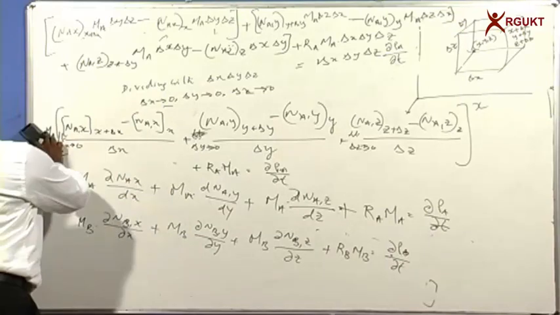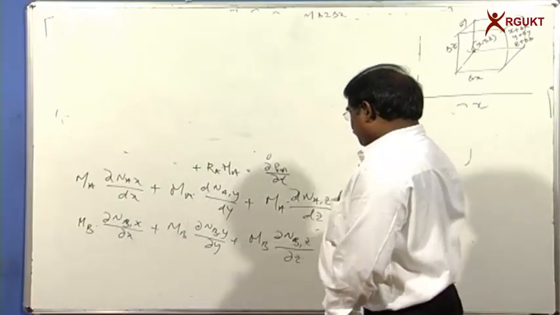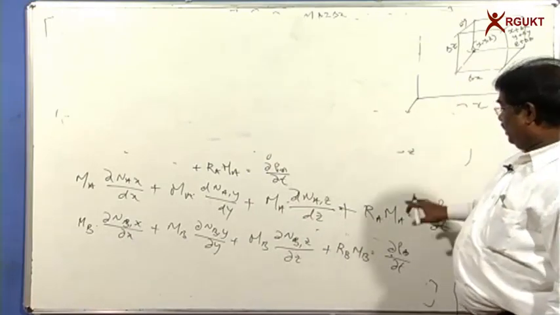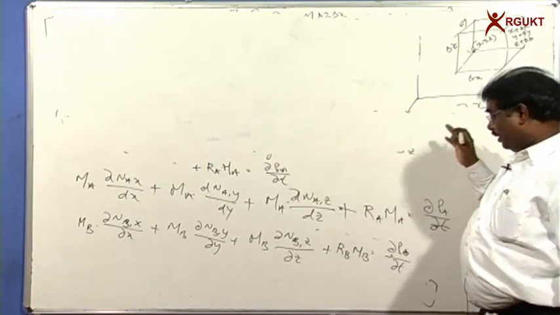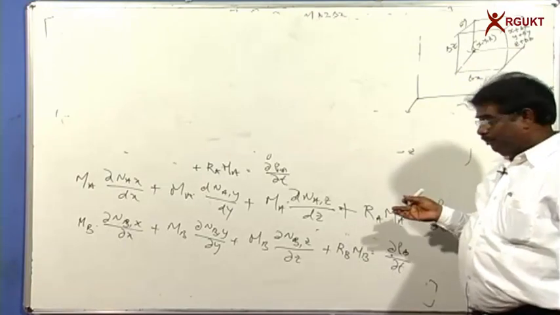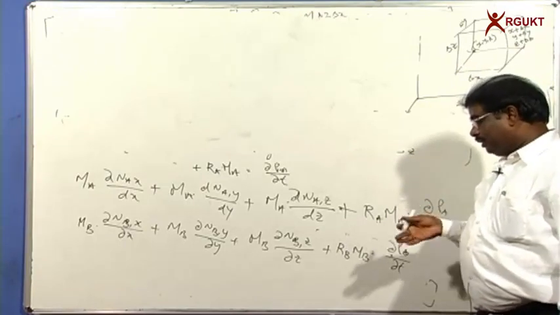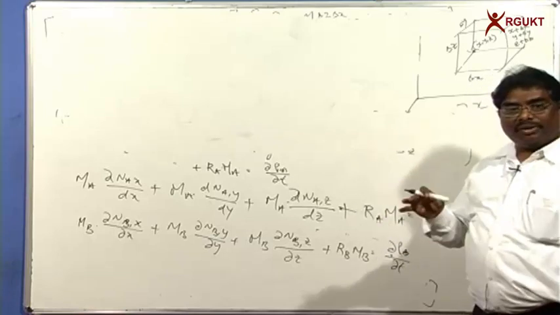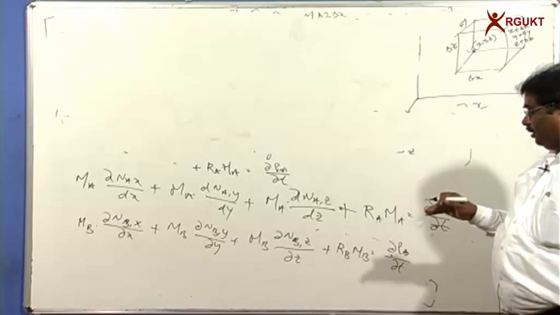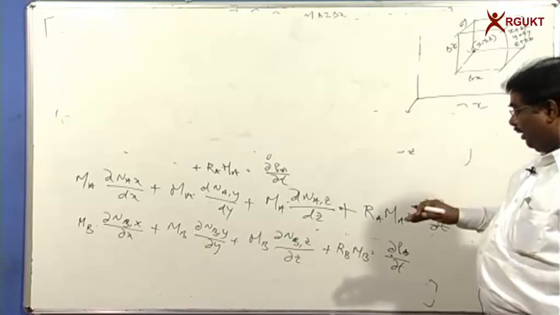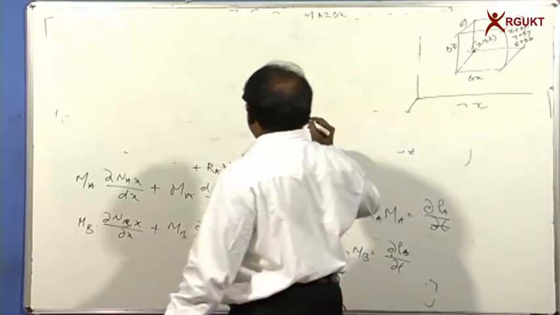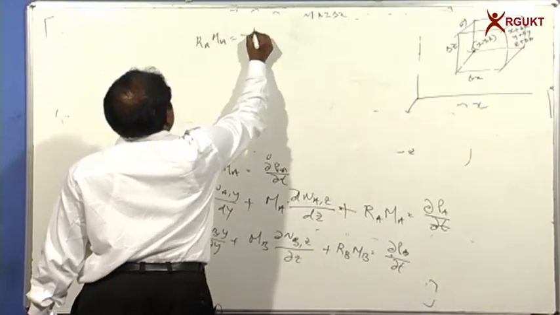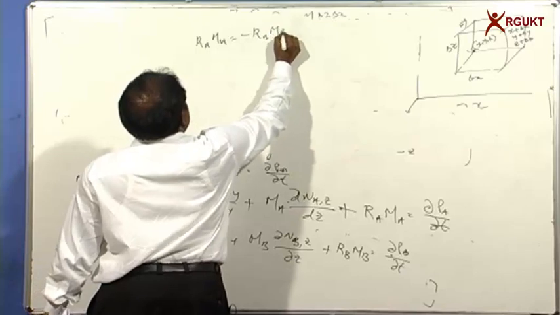Now if you add these two in the volume element, whatever you are talking about, the A molecules are entering, or the A is reacting producing B, and B is reacting and producing A. That means how much mass of A has disappeared, the same amount of mass of B has appeared. That means your RA into MA is equal to RB into MB.